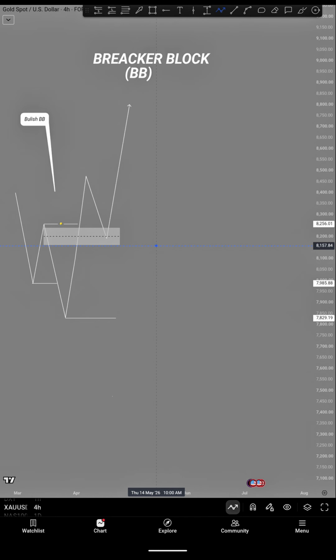So the bearish breaker block forms when price is going to the upside, pushing to the upside, giving you break of structures to the upside. So instead of price coming back to respect this area and giving you another break of structure, price violates this strong low.